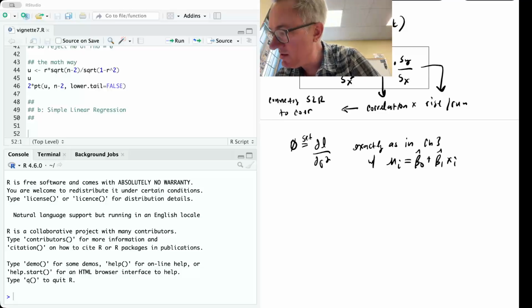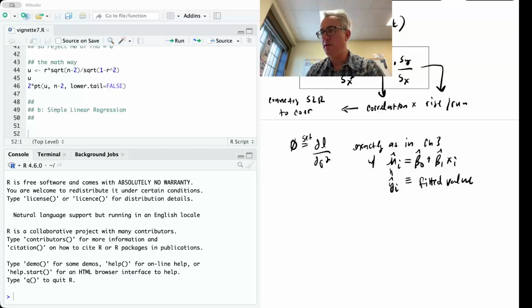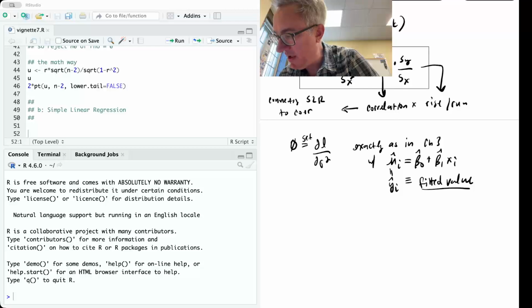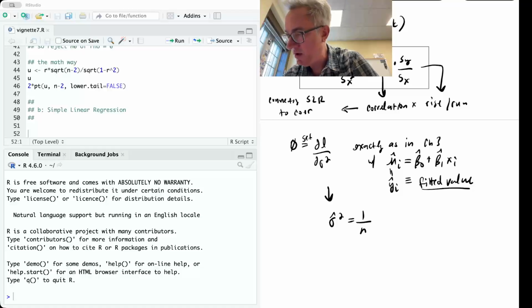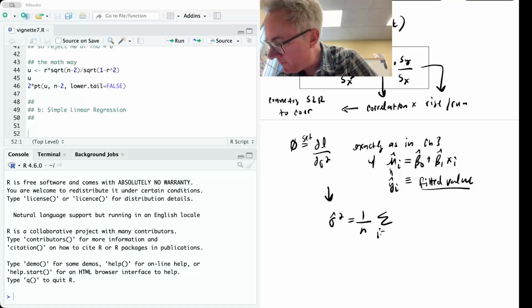And in fact, this value, if I also put a hat on it, sometimes people also write this as a yi hat, has a special name. It's called the fitted value. The fitted value is related to the actual data value. So the answer to this question is really what you would get in chapter 3, written out exactly the way it is there.